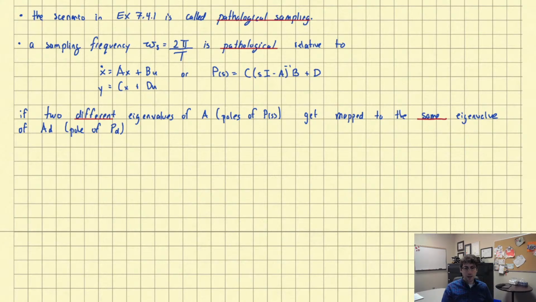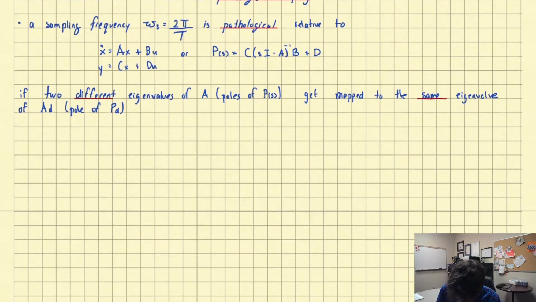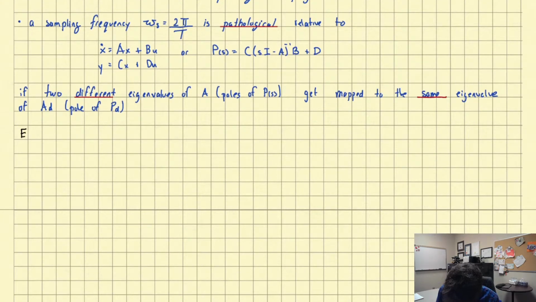So how do we characterize such a sampling frequency or sampling period? Well, it's a fact which you can check yourself, and this is exercise 7.8. Two eigenvalues, we know how they get mapped, right? Eigenvalues of A get mapped to eigenvalues of AD through this exponential. We saw this last class.